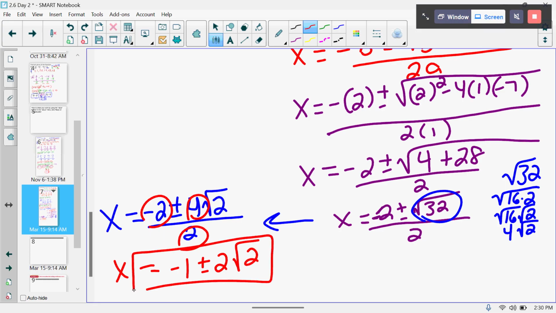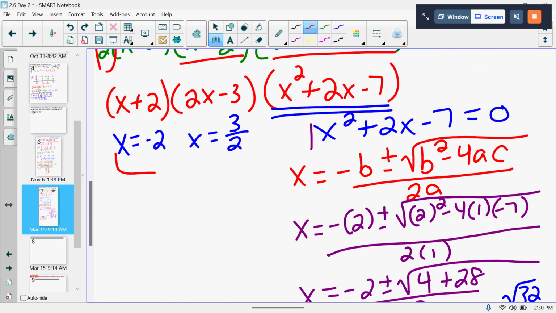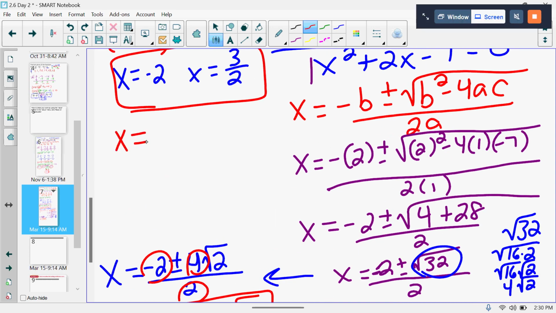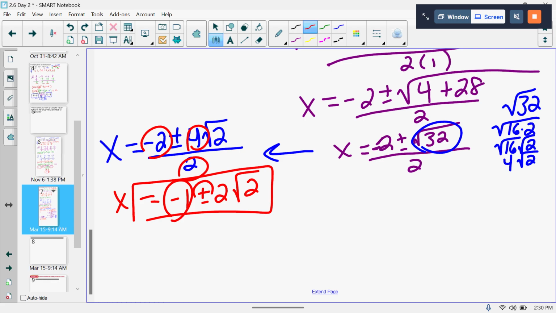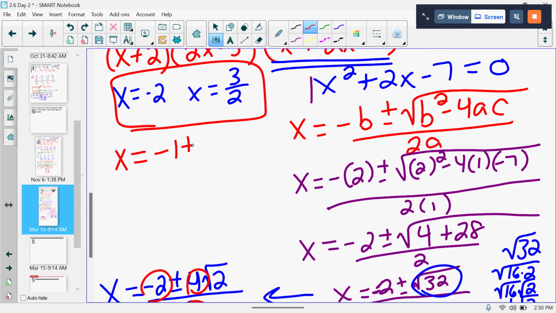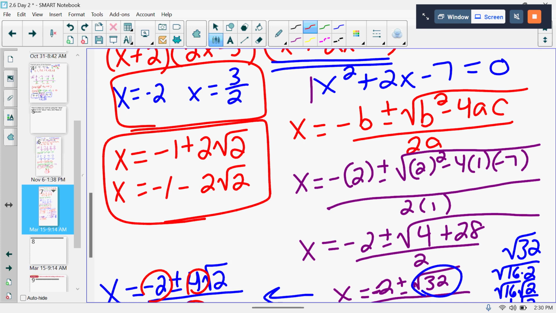So these should be my other solutions. I'm going to write them up here with the ones I already found. So it would be x equals -1 plus 2 radical 2. And then x equals -1 minus 2 radical 2.